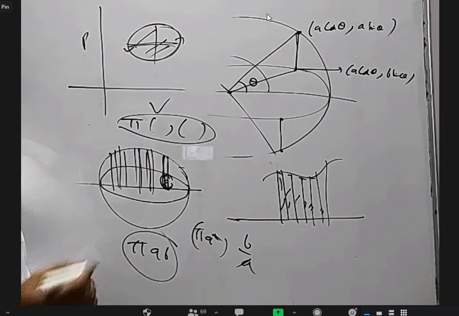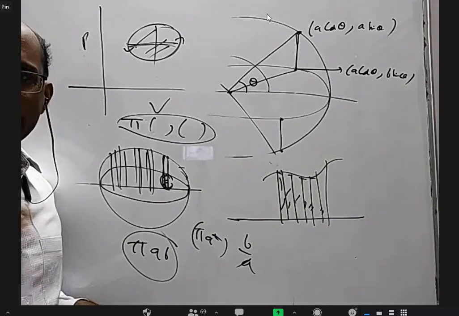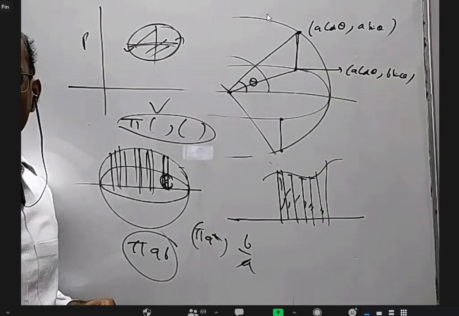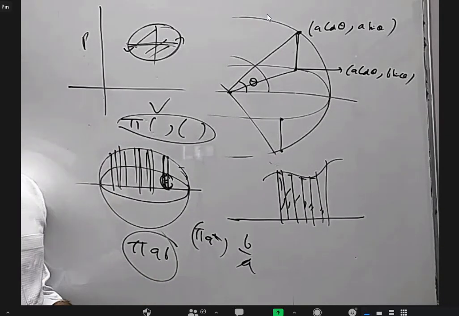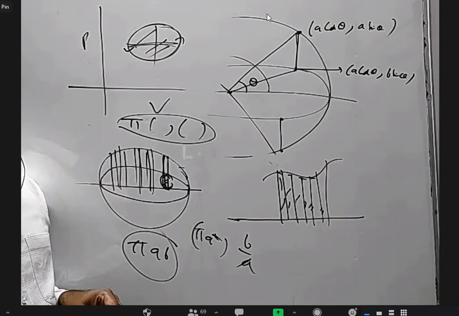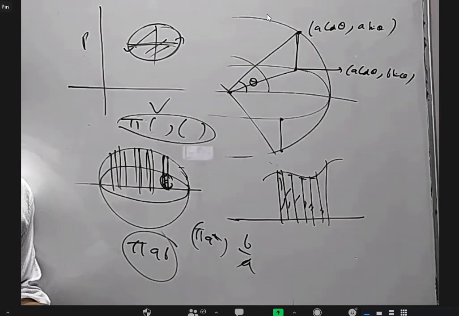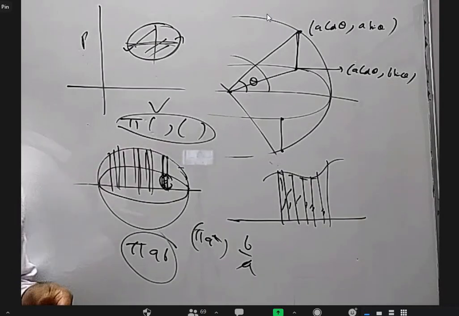Nobody questions the teacher why, what is the formula we are using? Did I say in first year when you joined, whatever a teacher says, don't accept, ask for the proof? Did I say or not? Yes, sir. Then why did nobody ask? Sir, the teacher only told us that if it is a and if it is b, then the area will be pi into a into b. Then you should ask, the two radii should be the same, right?